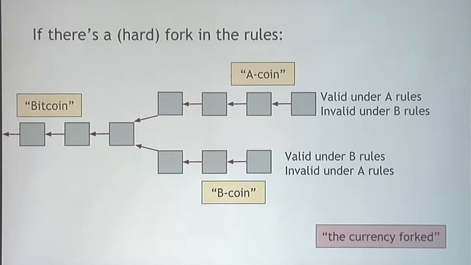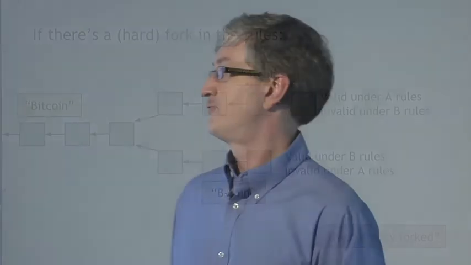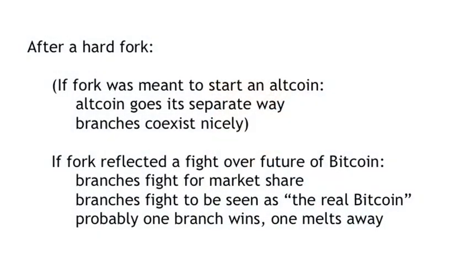Okay, so what happens if a fork like this goes on? What do people actually do? How do they respond? Well, after a hard fork like this, there are really two cases. The first case is where the fork was really not intended as a disagreement about the rules, but the fork was designed as a way of starting an altcoin, that is, of starting a new kind of cryptocurrency with different rules.